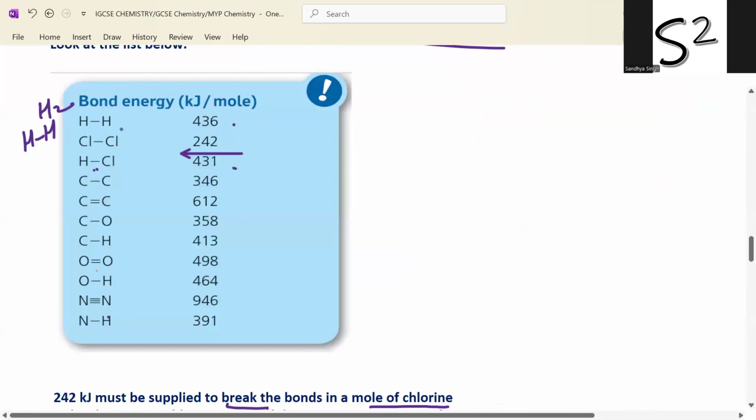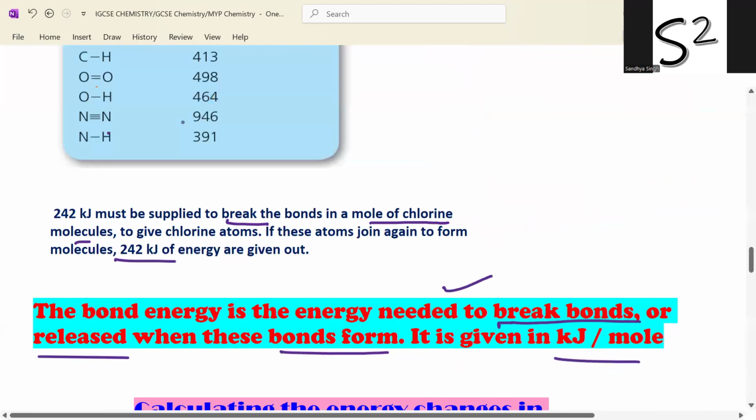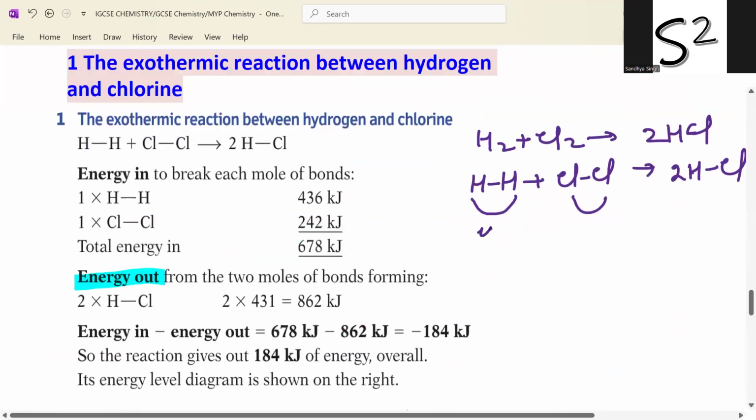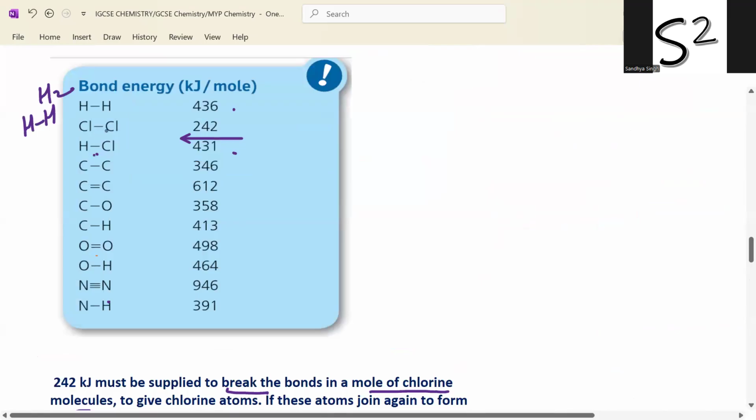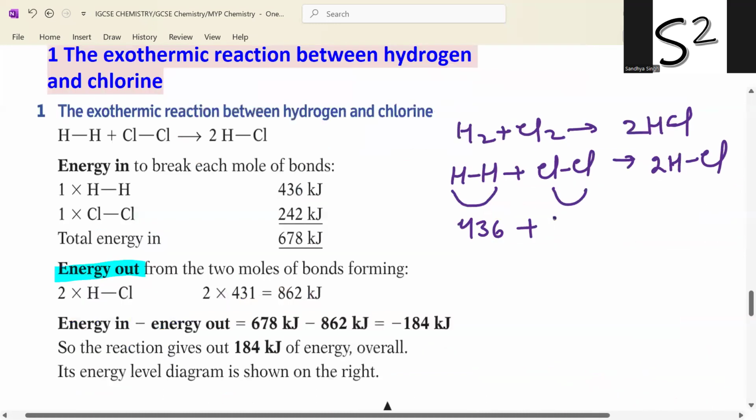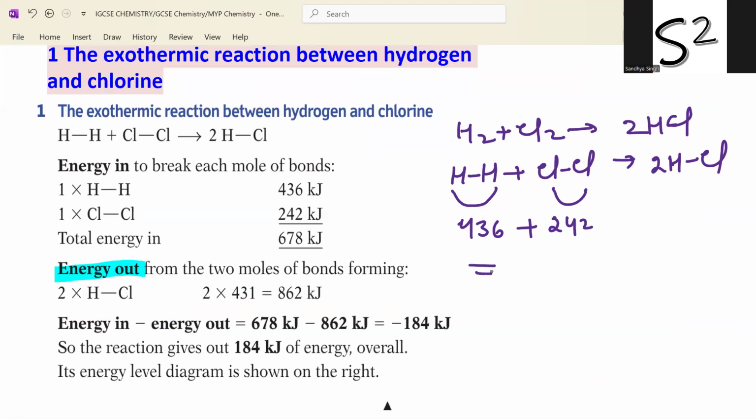The bond energy of hydrogen and hydrogen is 436 kilojoule. Similarly, the bond energy of chlorine and chlorine is 242 kilojoule. So it is 678 kilojoule. It means we need to give 678 kilojoule of energy to break the bonds in hydrogen and chlorine molecules.